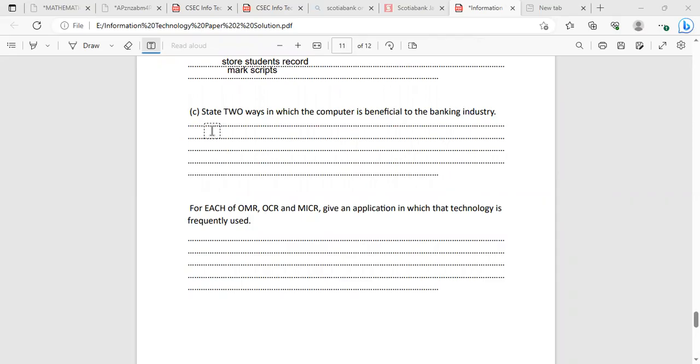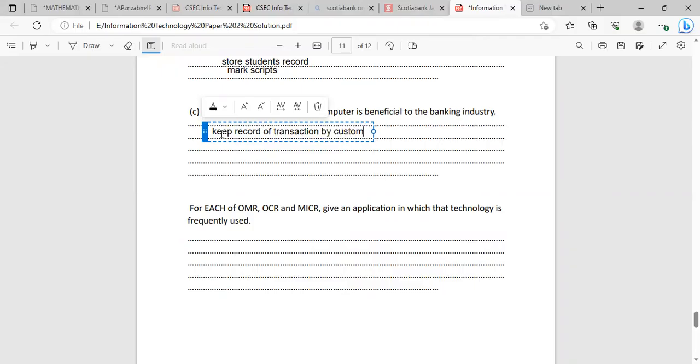So it keeps records of the transactions by the customers. I know people and their money. Keep record of transactions by customers. That's one of the most important things, record keeping. All right, that's involved in every industry.